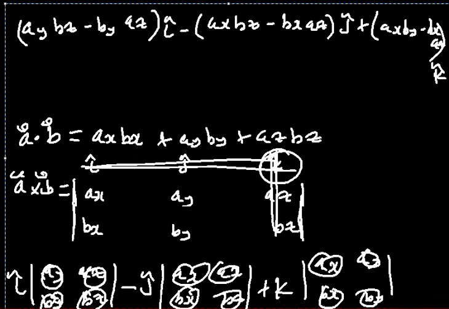So let's appreciate how we can have the following. Consider, let's say we have a vector u, which is given as 2i plus 2j, minus 3k.